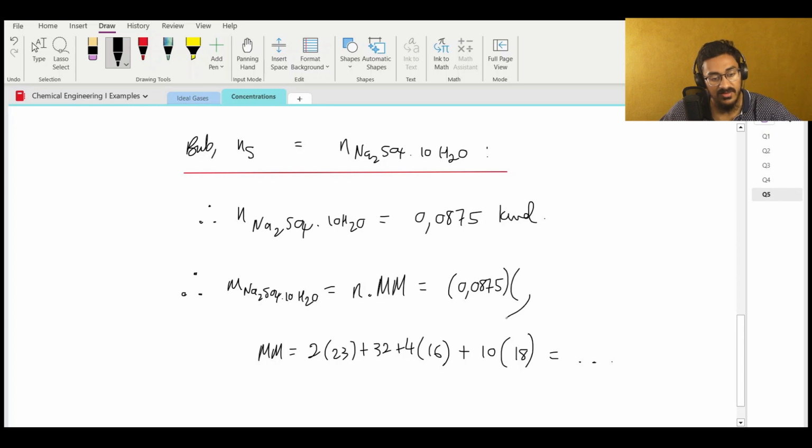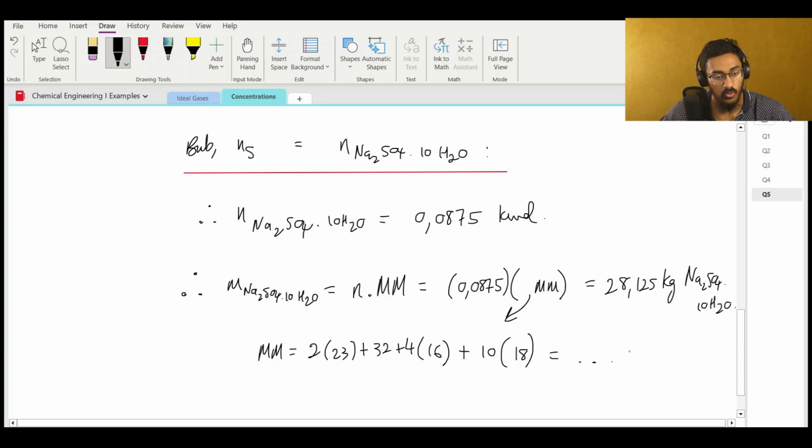You can put that into this step here, and the outcome will be 28.125 kilograms of Na2SO4.10 waters. And that is the mass of Na2SO4.